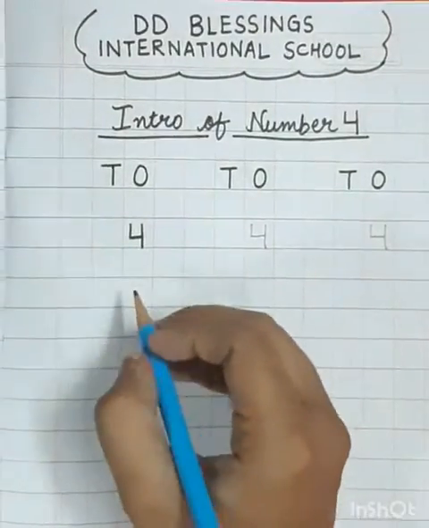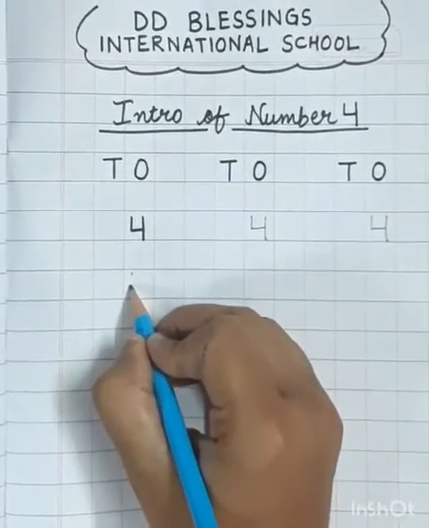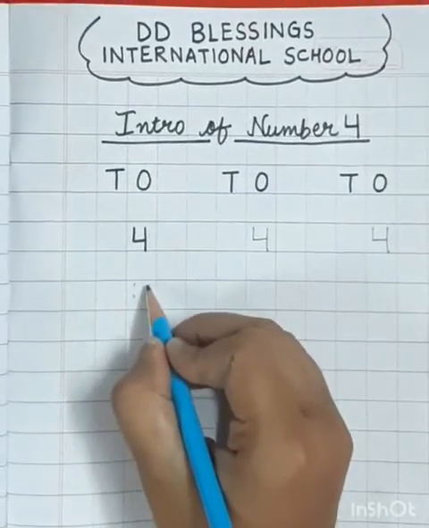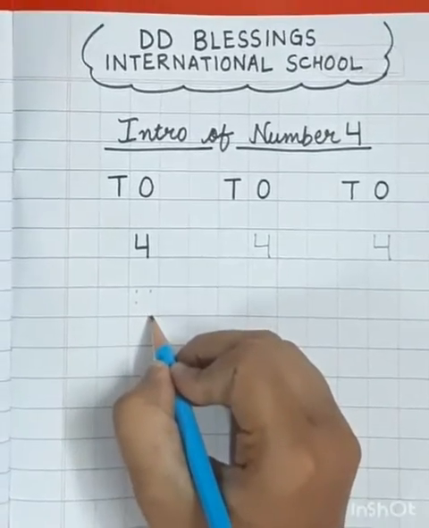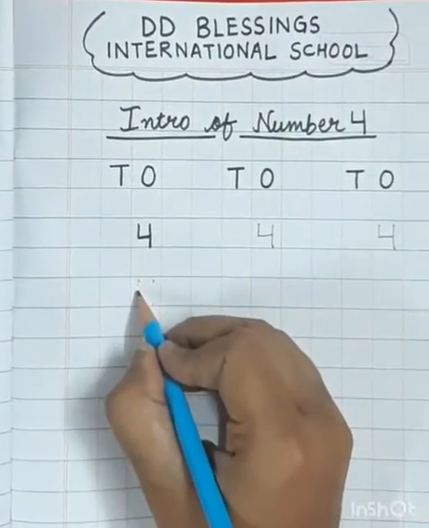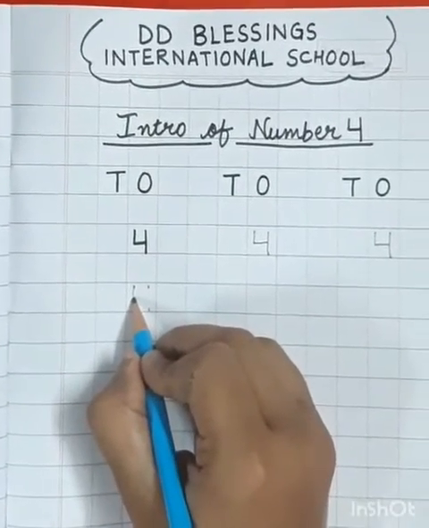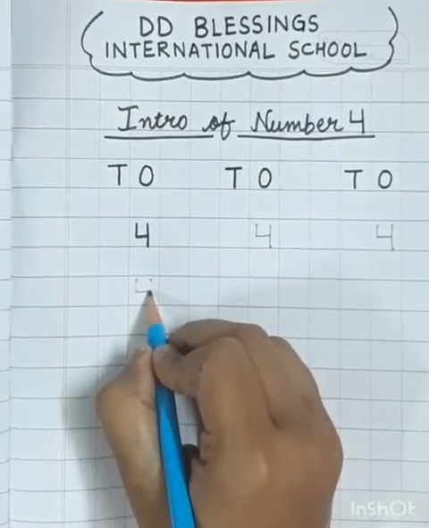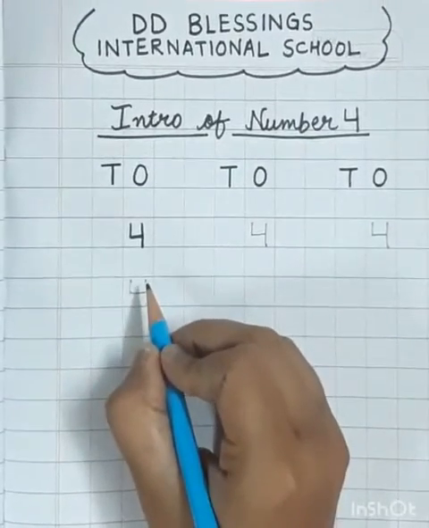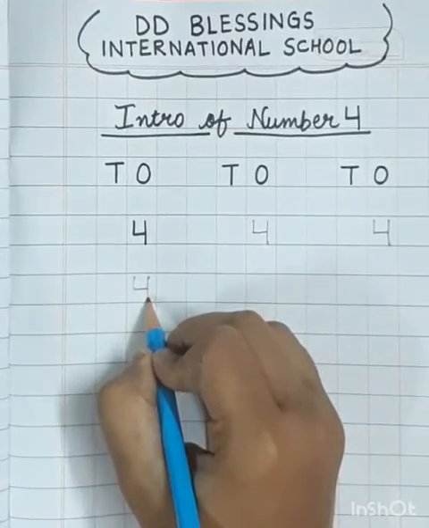Let's practice one more time. I am giving dots here. First dot, second dot with a small gap, third dot here and fourth dot at the bottom. Let's start from the top. We'll make a small standing line till this point, and from this point we will move to the right like this, and then we will lift our pencil towards this point, and from this point we will make a standing line.